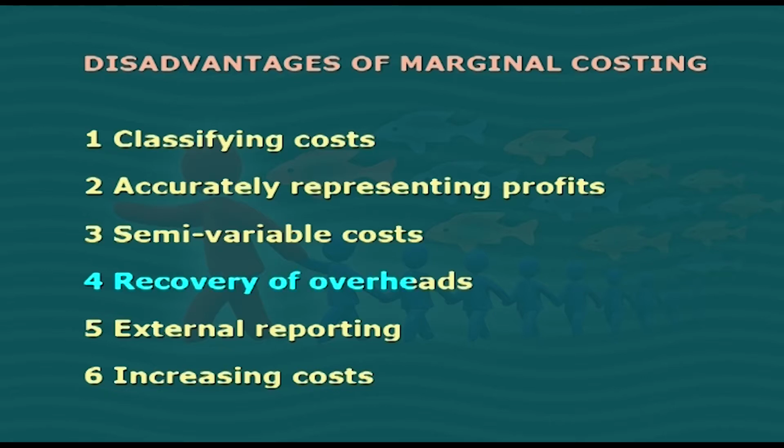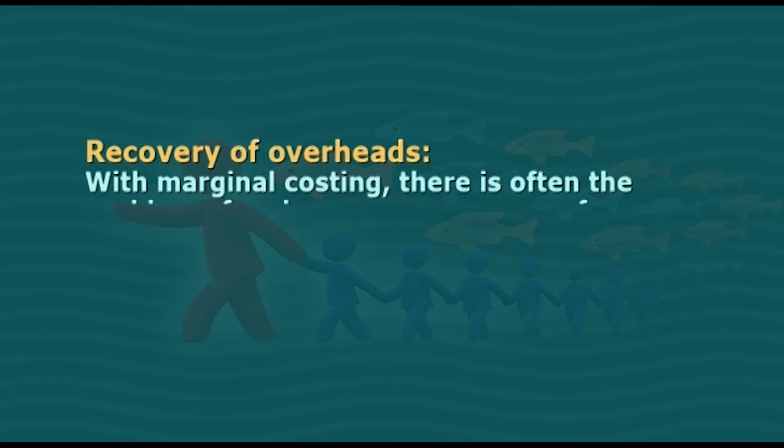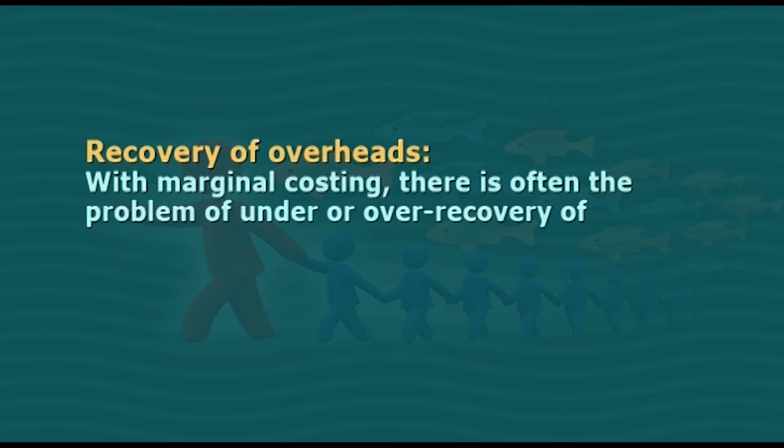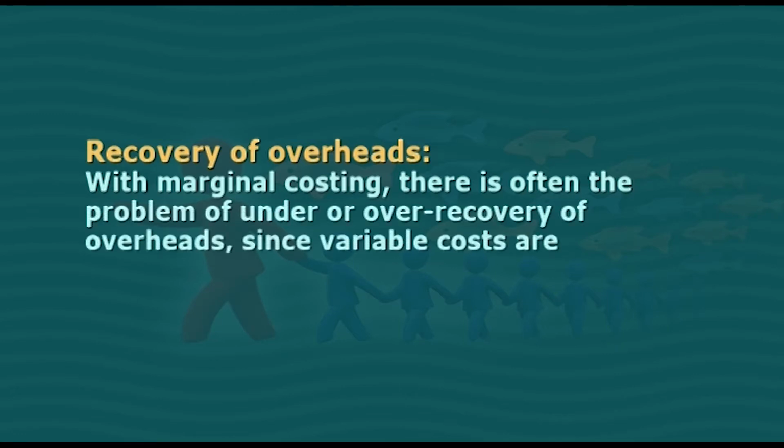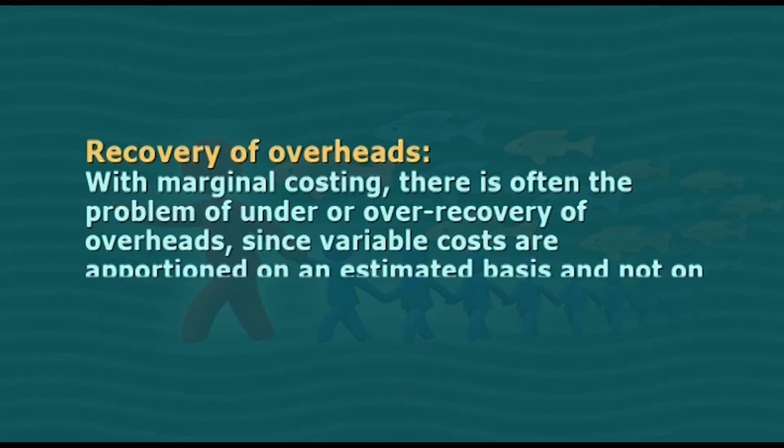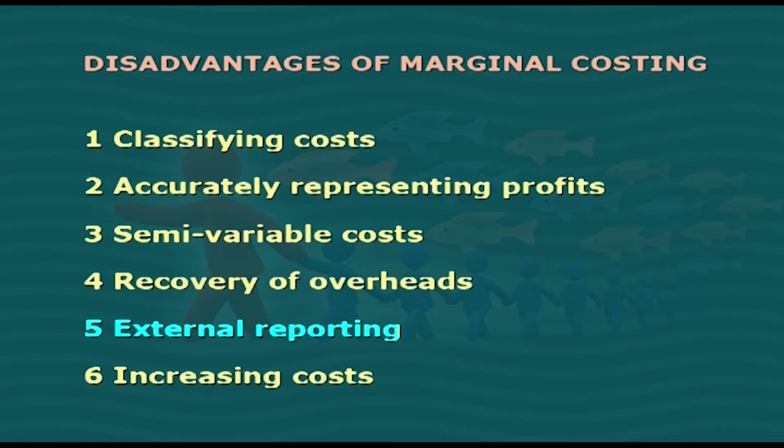Next is recovery of overheads. With marginal costing, there is often the problem of under or over recovery of overheads, since variable costs are apportioned on an estimated basis and not on actual value. Another disadvantage is external reporting.